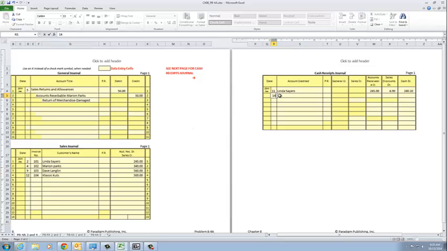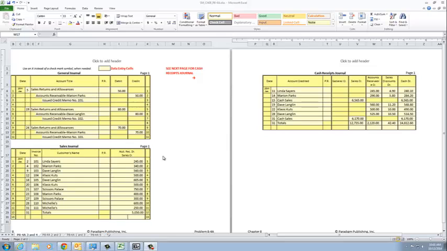So on the 14th, we will enter our customer, and the amount she owed was $290 after the return. The sales discount, 2% of $290, is $5.80. So we received a check from Parks for $284.20.